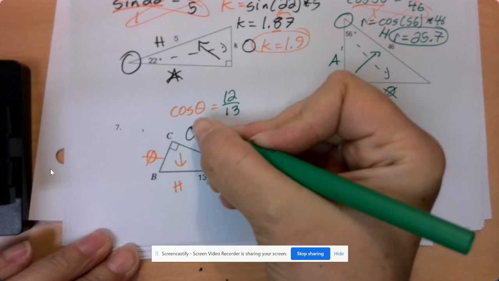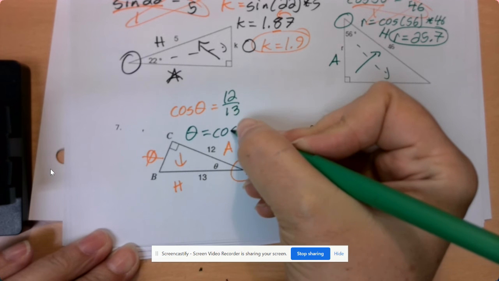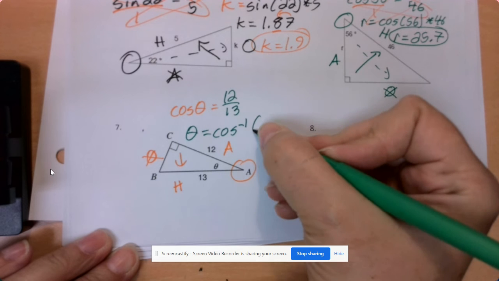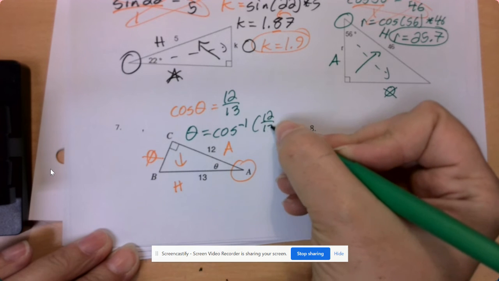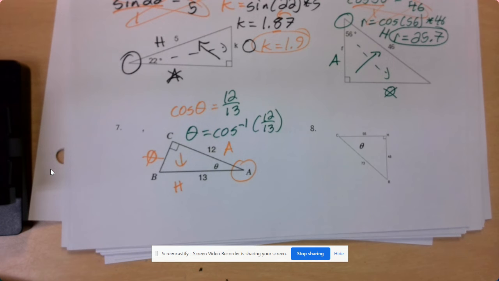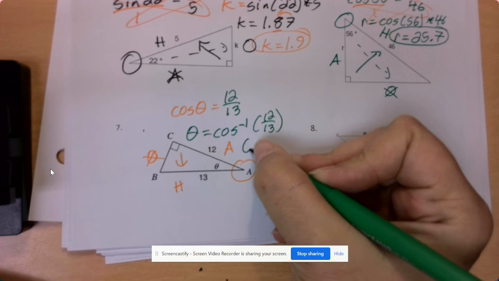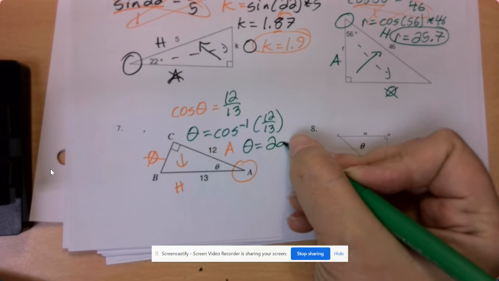So theta is going to be equal to inverse cosine. Remember to hit second cosine on the calculator, and then put in 12 divided by 13. So our angle would be 26.6 degrees.